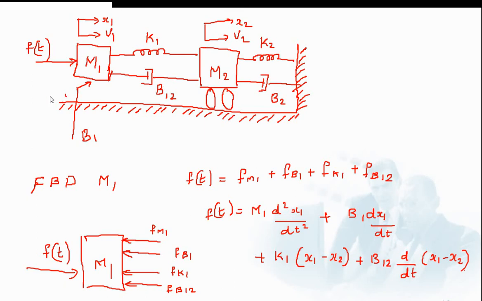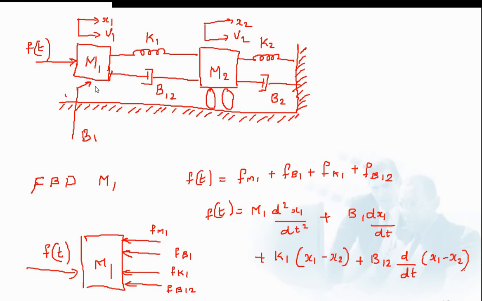And corresponding to F of t, that is the applied input force, there will be a voltage source E of t. And corresponding to velocities V1 and V2, there will be currents I1 and I2. So corresponding to mass M1, there will be a mesh, and corresponding to mass M2, there will be another mesh.